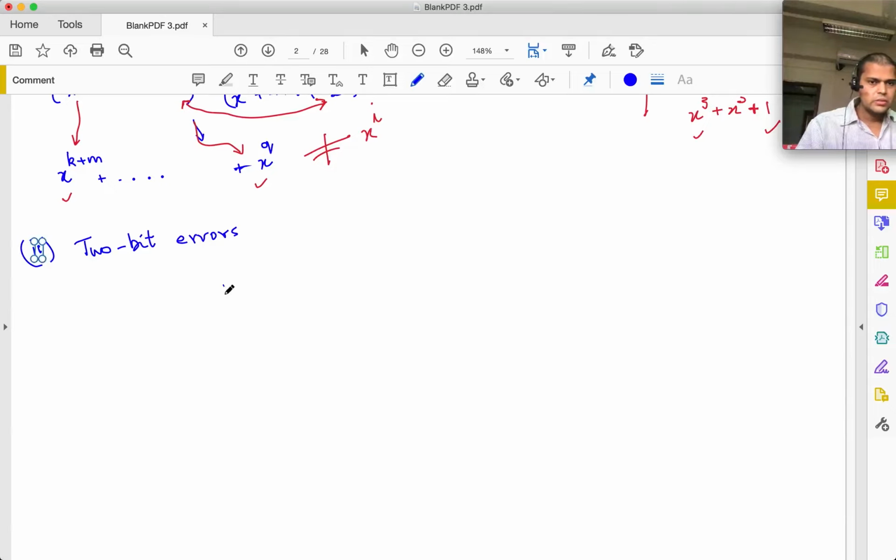So E of x is going to look like this. It's going to look like x to the power of j plus x to the power of i, and let's assume j is greater than i. So we can write this as x to the power of i times x to the power of j minus i plus 1.